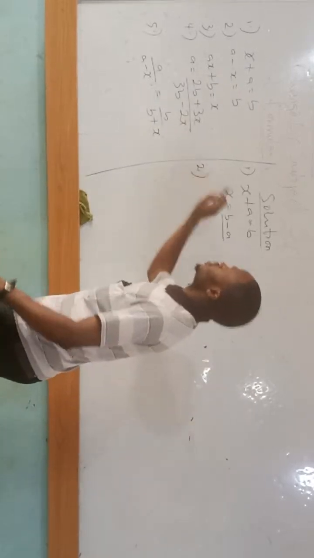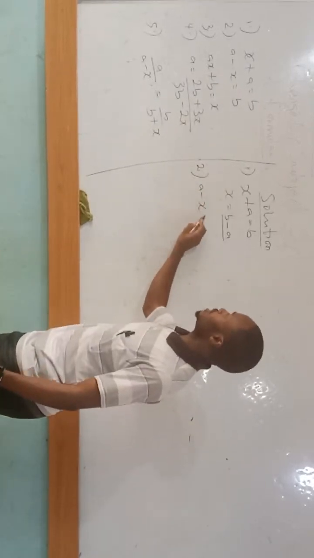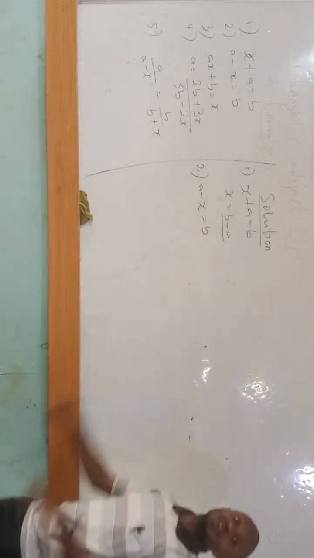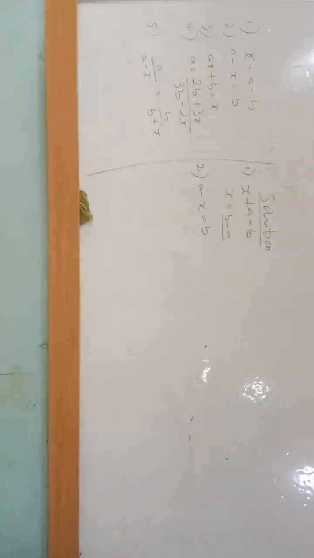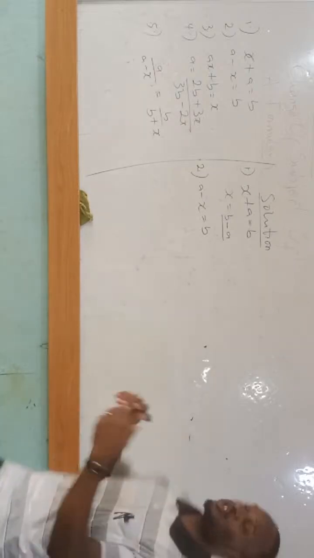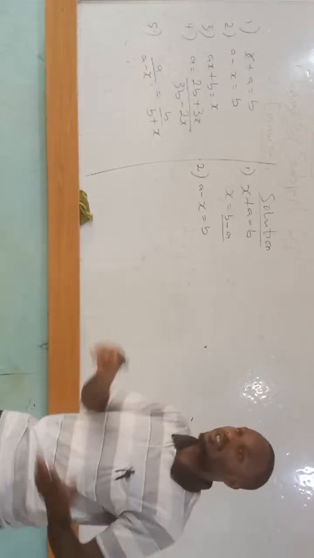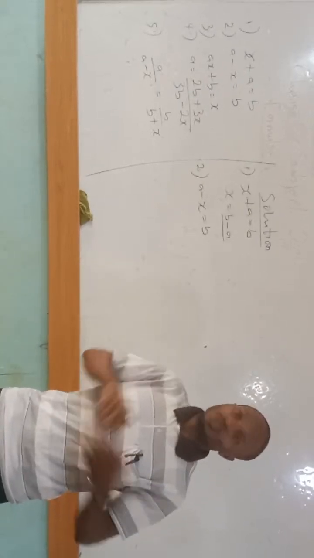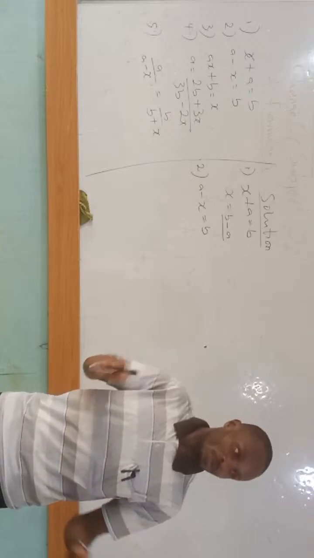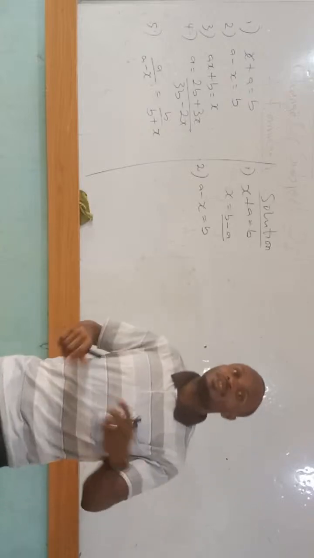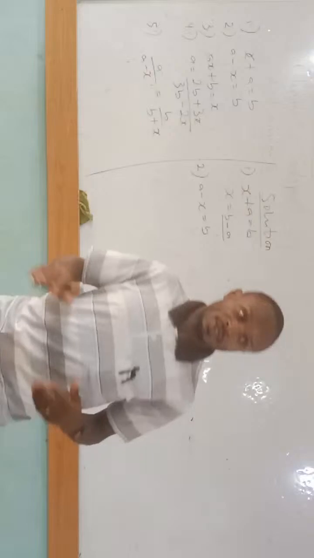Number 2, you have a minus x equals b. Are you with me now? There are 2 ways you can approach this to get your answer. Let's say you're in the boarding house, and you go to the dining hall after this class for your breakfast.